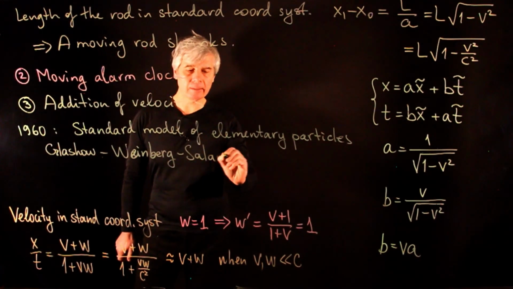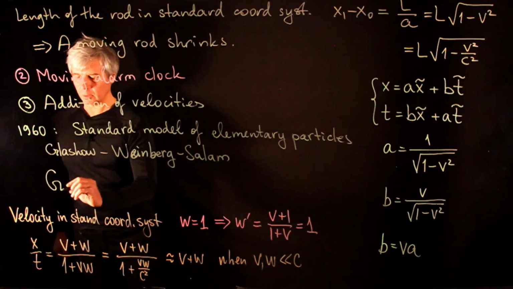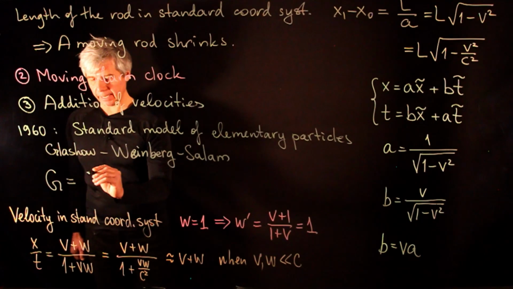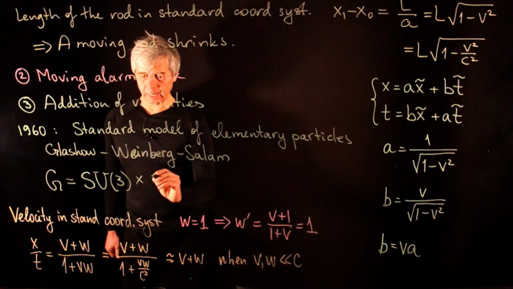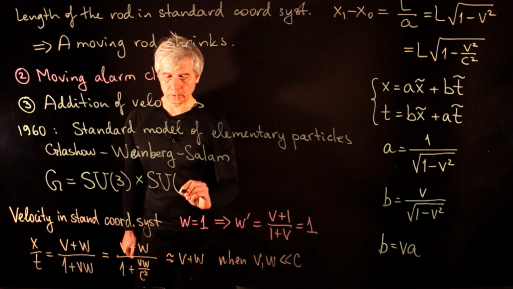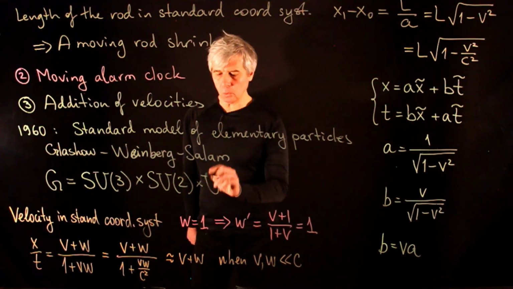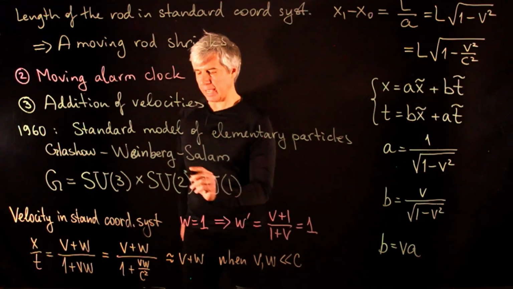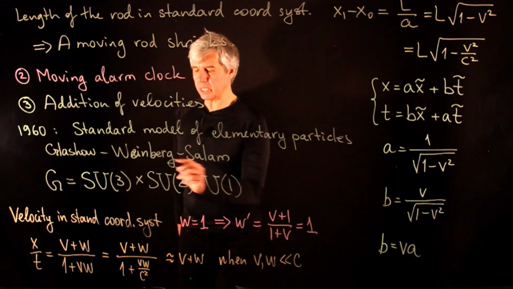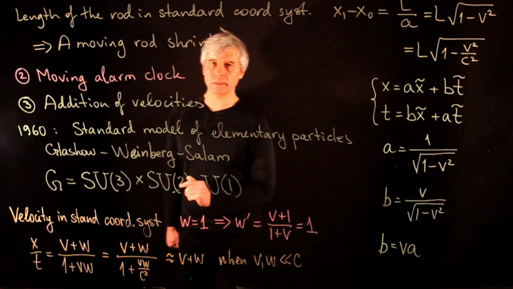And they postulated that the symmetry group of this theory is SU3, the special unitary group, cross SU2 cross U1. The U1 component is responsible for electromagnetism, SU2 corresponds to the weak nuclear force, and SU3 corresponds to strong nuclear interactions.